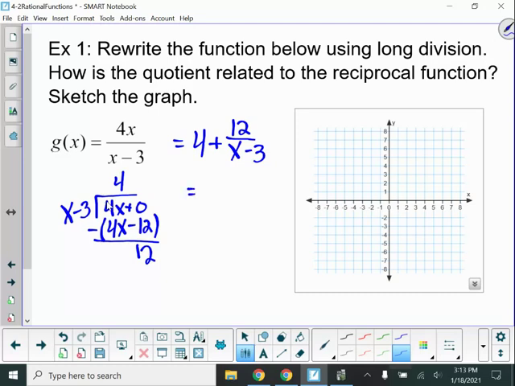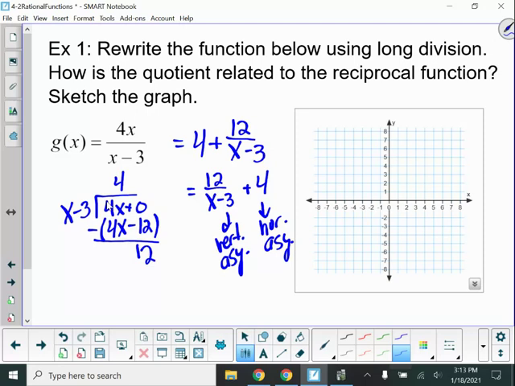If we look at what we were doing in the last section, this is 12 over x minus 3 plus 4, where 4 is the horizontal asymptote and 3 is the vertical asymptote. We are taking the graph of 1 over x, the reciprocal function, and shifting it up 4 and to the right 3, and then it is stretched vertically by 12.